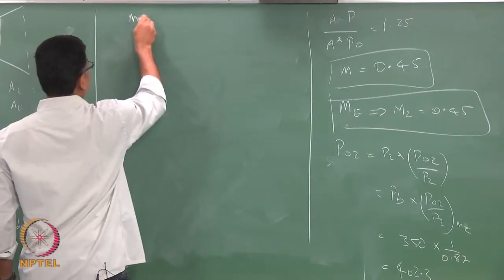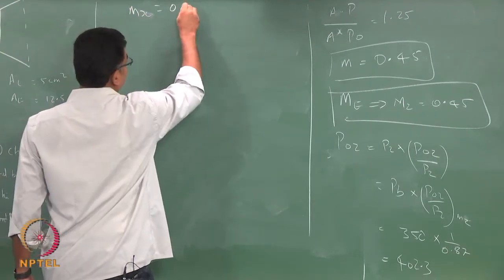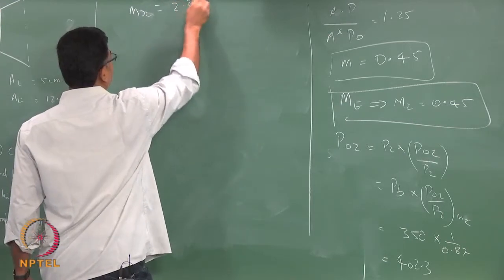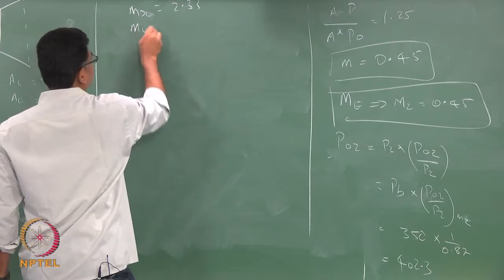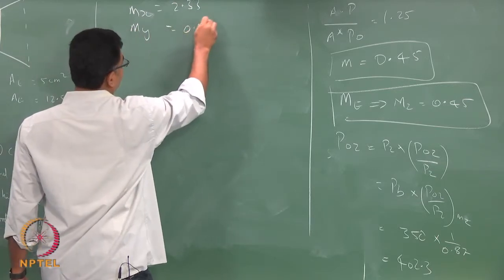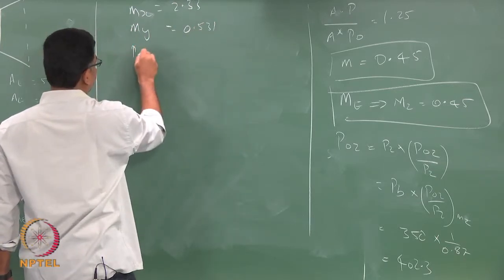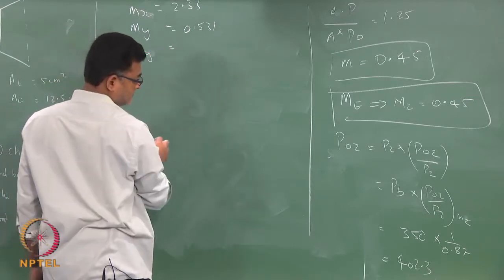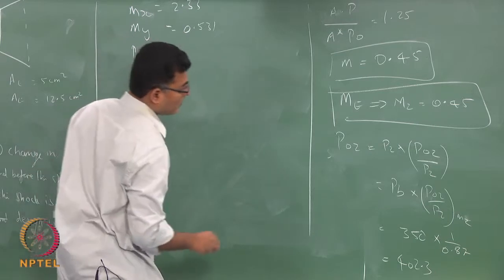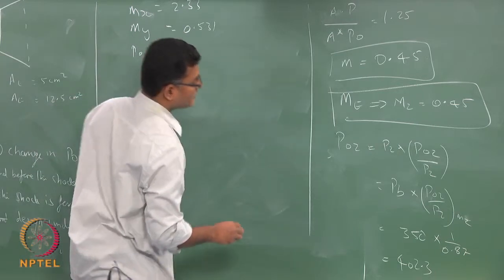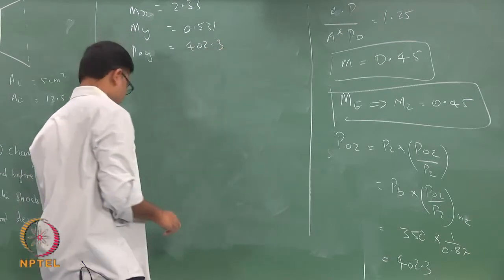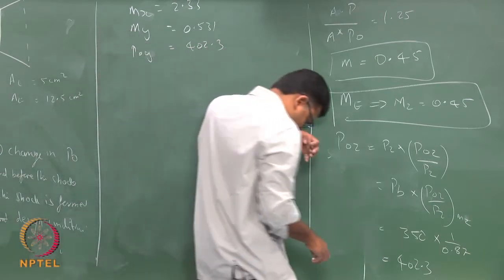I know my Mx is 2.3, my My is 0.531, and P0x by P0y is 402.3. So now we can find our area.